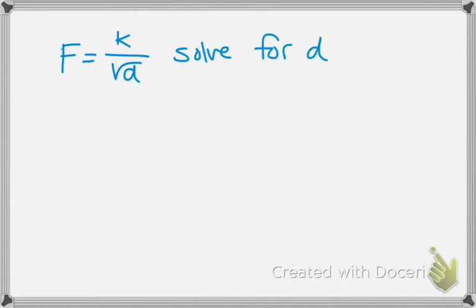F equals K over the square root of D. Solve for D. Now be careful, before you can undo the square root by squaring, you have to get the square root all by itself.